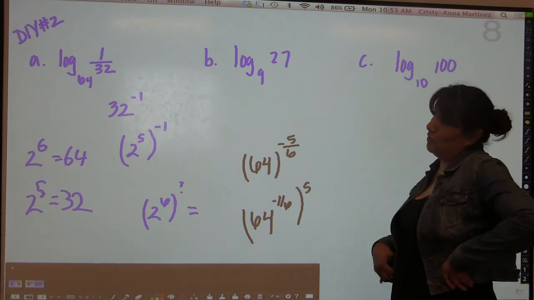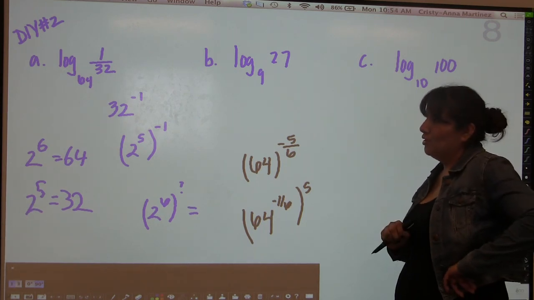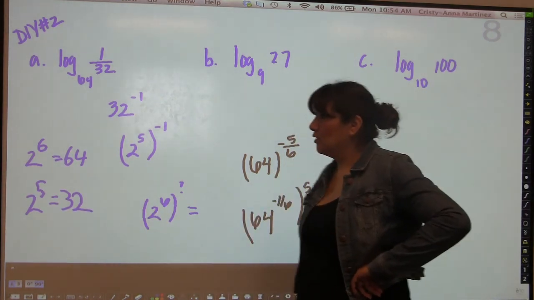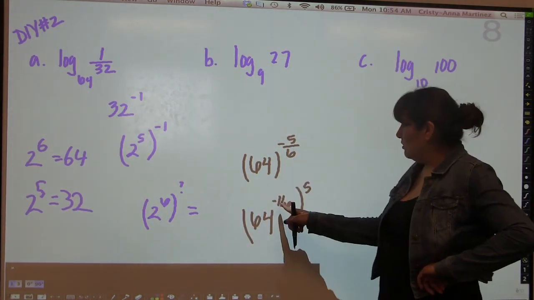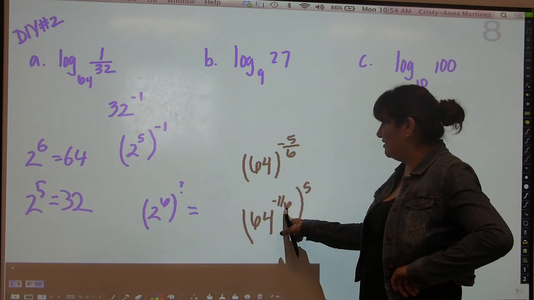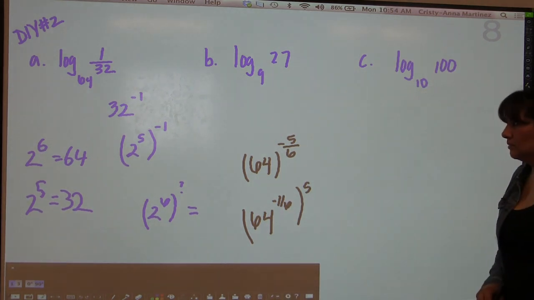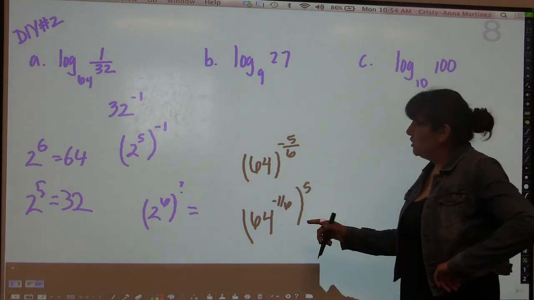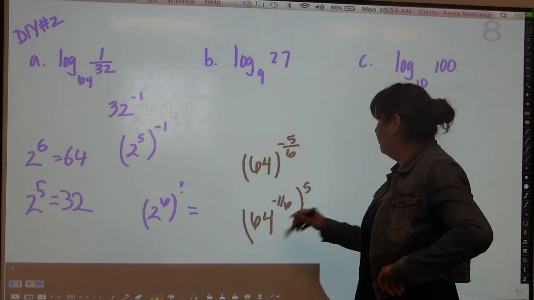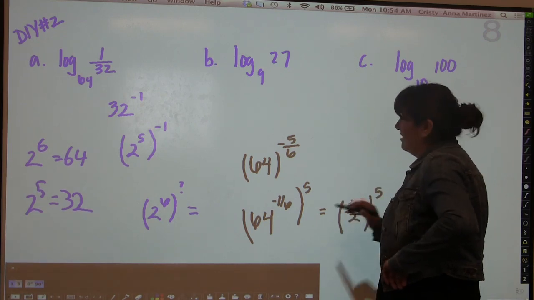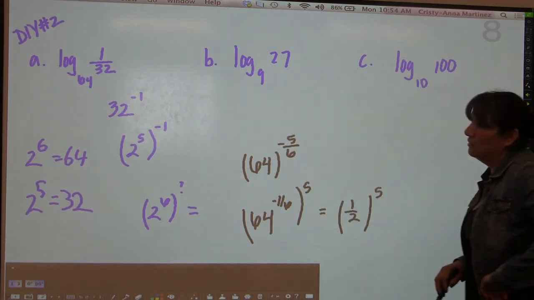You have to answer one of the questions. 32? No, that's 2 to the 5th power. What's 64 to the 1/6 power? Oh, 2. Okay? So then it's actually 1/2. Yeah, that's what I got. And that 1/2 to the 5th power is going to give you the 1 over 32.